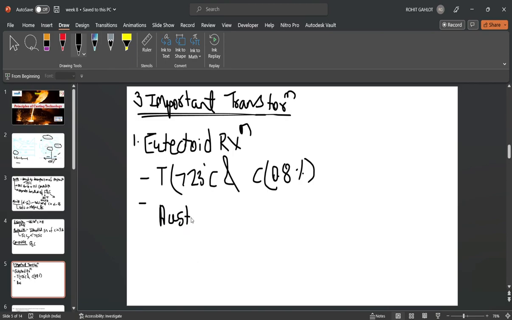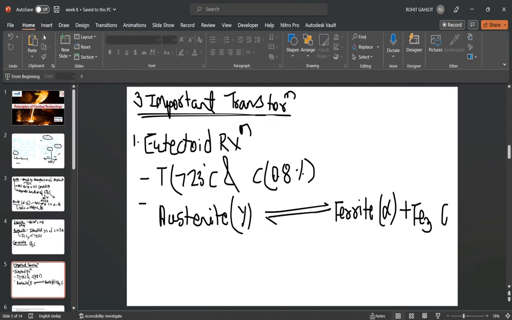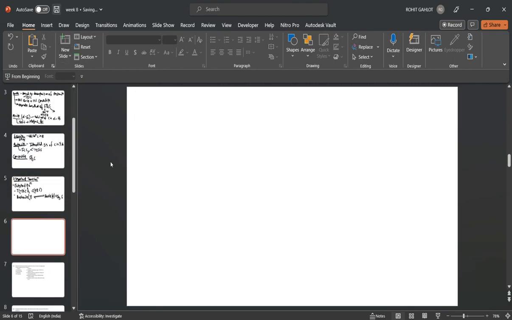Here the austenite, the gamma, which is a solid state, is in equilibrium with ferrite, alpha iron, and carbide, which is Fe3C. So here one solid converts into two solids.